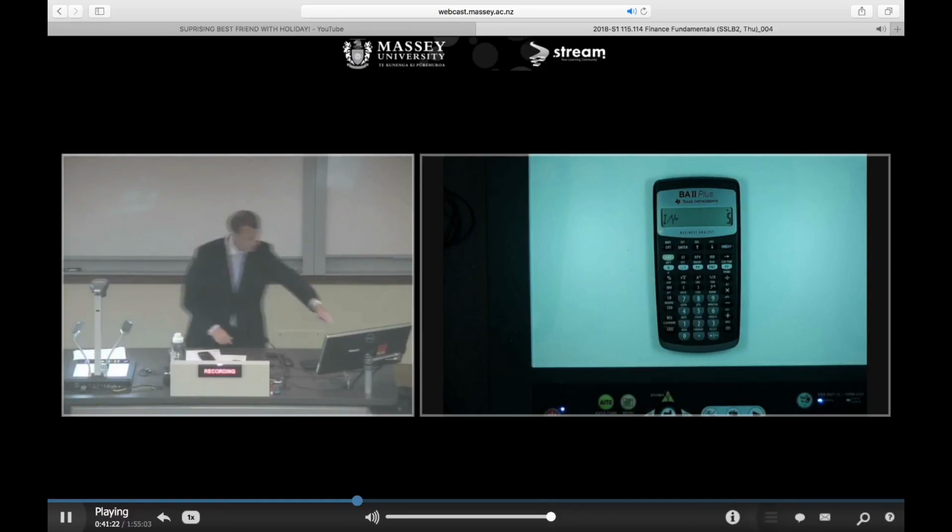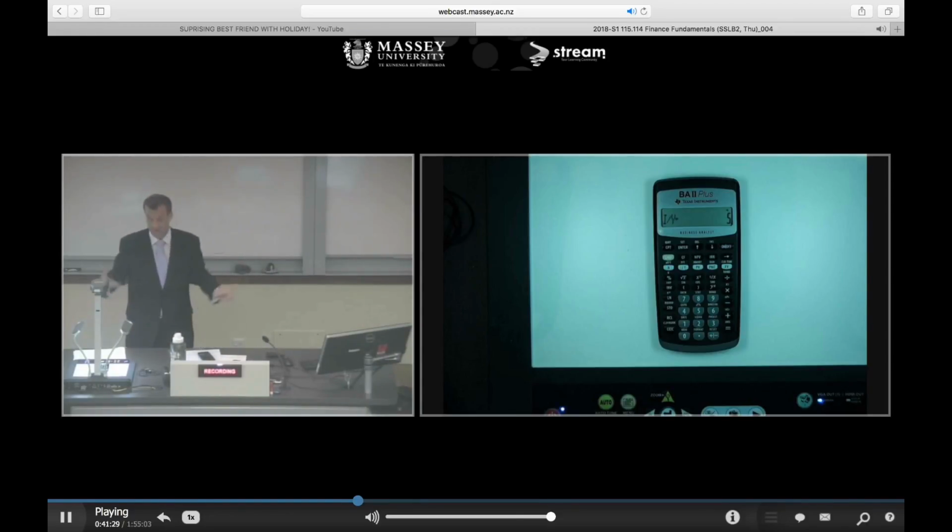I'll just plug in some numbers here so we know that they're trying to save to a future target. We're not told in the question they've already got money, so we have to assume they've got no money. So we put in 0 for present value. They currently have nothing. Payment we're trying to solve for. So the next thing is the future value. What is their goal? And that's the 80,000 is the goal.